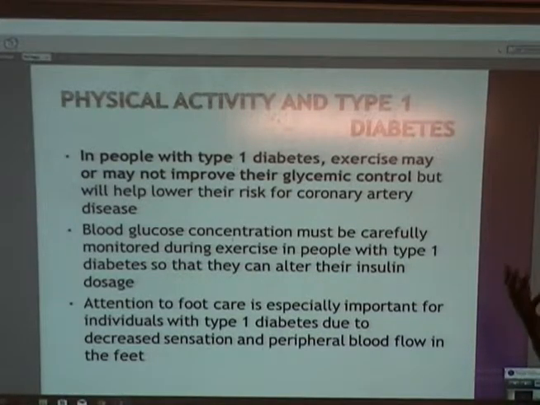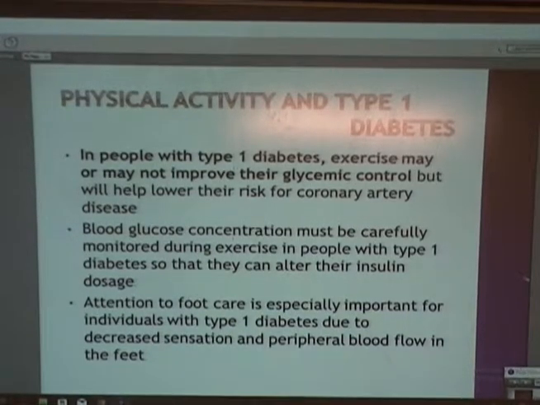So they may have to move their insulin dose to another time, or they may need to reduce their insulin dose if they have to take it before the exercise session. Okay.